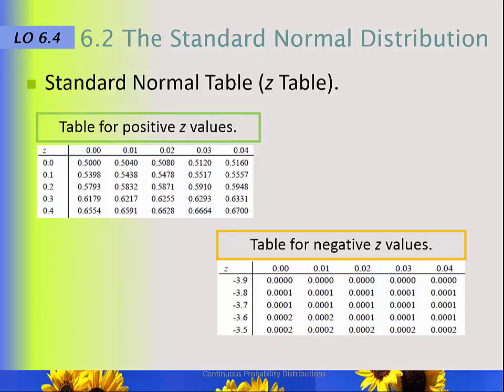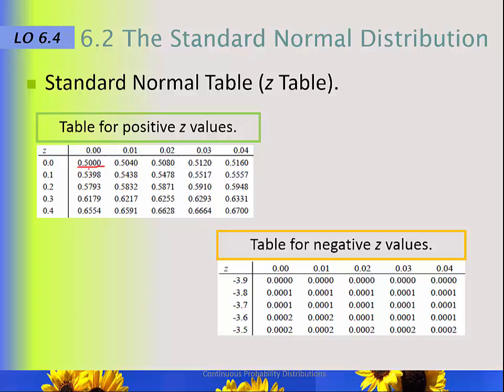So here we can see that on a table of positive z values, 0, or the midpoint that I showed you on the very second slide, is going to be 50%, right? Because if the whole distribution adds up to 100%, then half of it has got to be 50%.